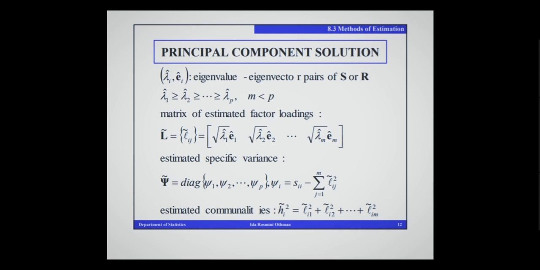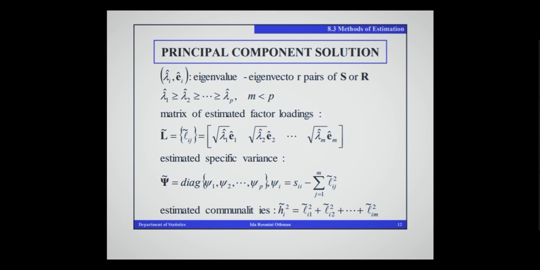Okay, like I said tadi, we use this estimation untuk kita nak estimate the factor loading dan nak estimate the variance. Okay, using the principal component solution. As you know before this, untuk principal component kita ada dua, we have the value of the eigenvalue dan juga eigenvectors. Okay, we can have the values of these two using whether covariance matrix ataupun gunakan correlation matrix. Ada dua cara.